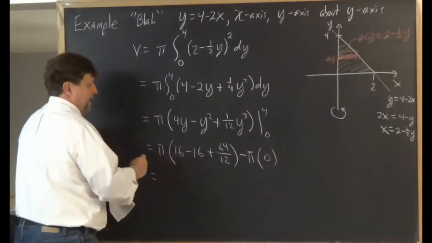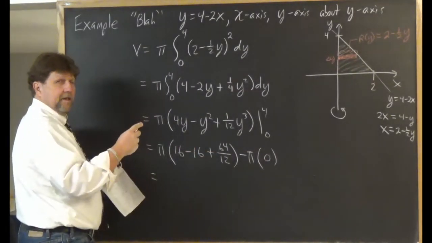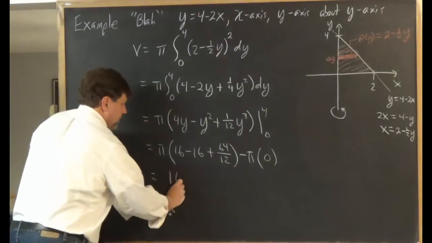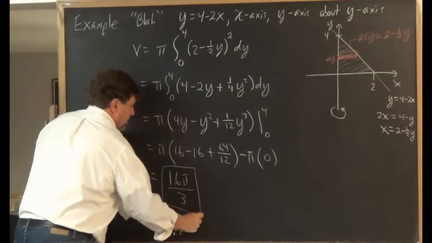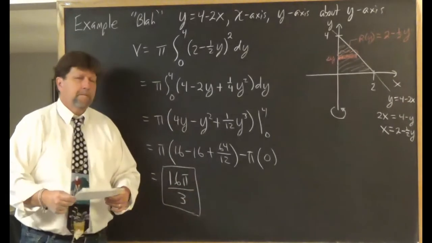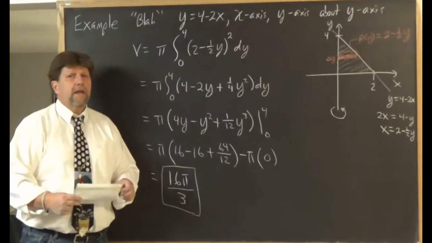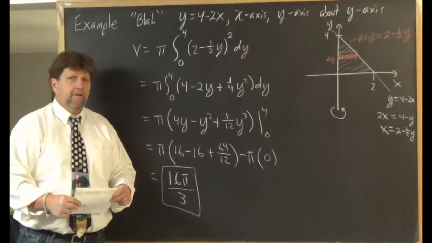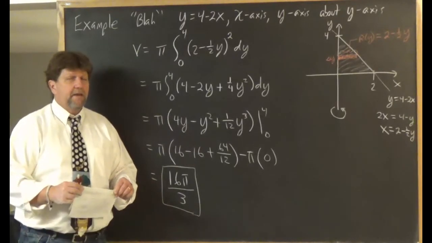So like I said, that cancels out. And 64 over 12 reduces down to 16 over 3. So the volume is 16 pi over 3. So there was an example where we had to use a horizontal representative rectangle. So let's head back to the slides to continue with this section.